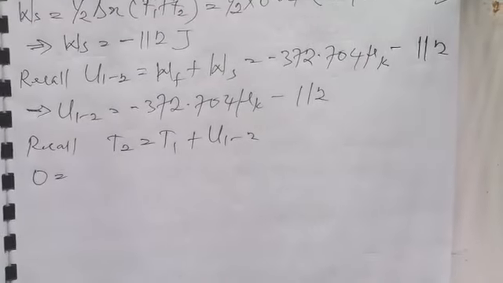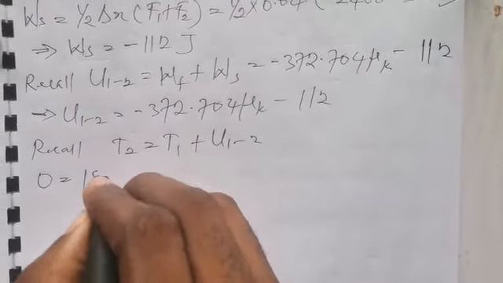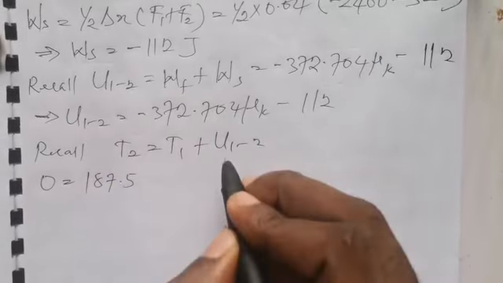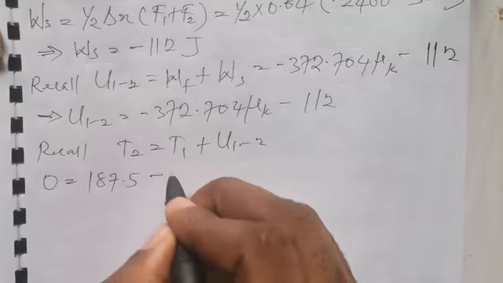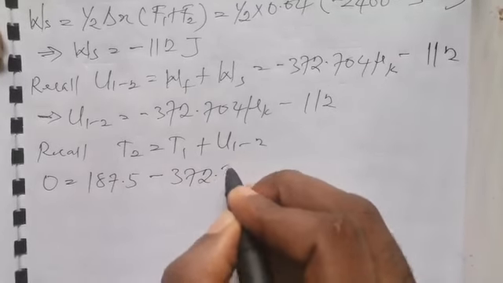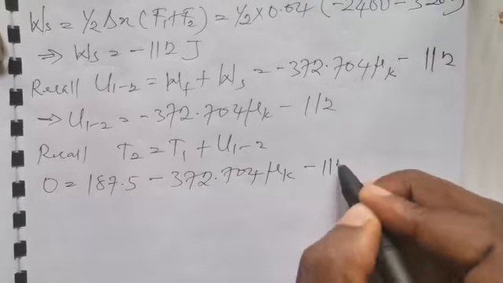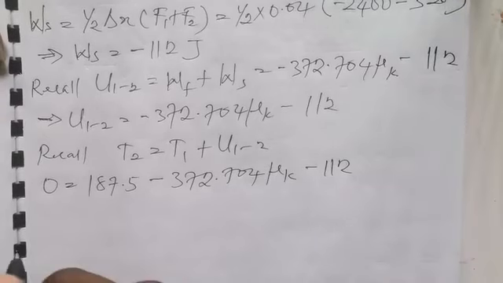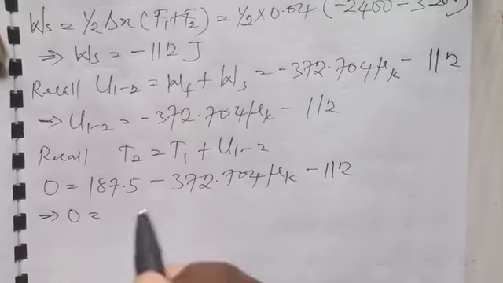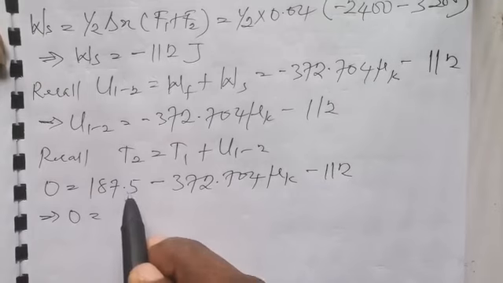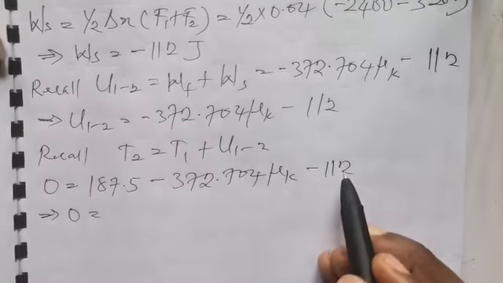So let's plug it back into the equation. For T1 we had 187.5 joules. For U1 to 2 we had minus 372.704 mu K minus 112. So this implies 0 is equal to, let's evaluate, 187.5 minus 112.